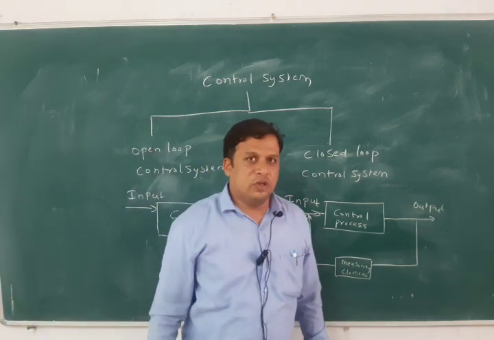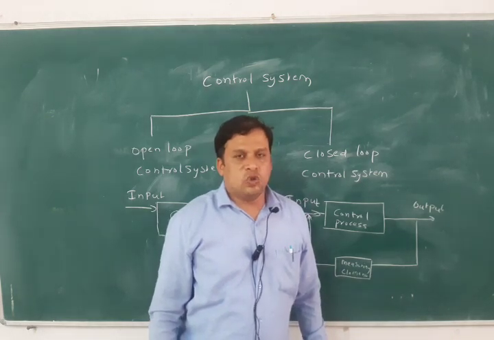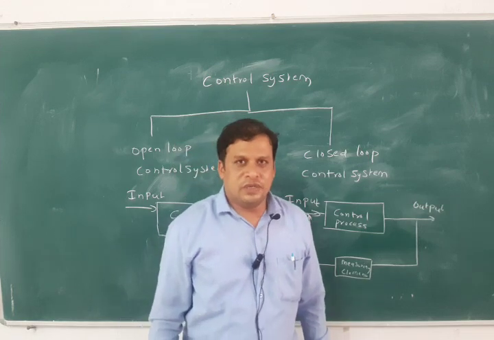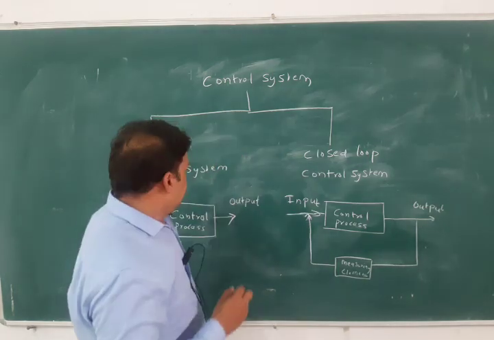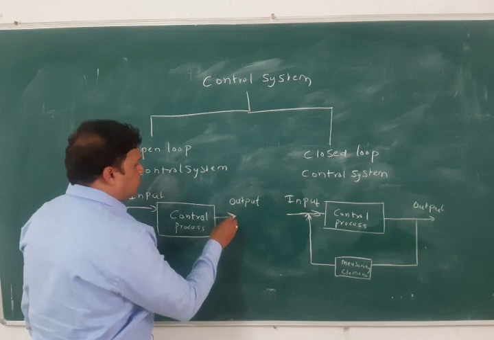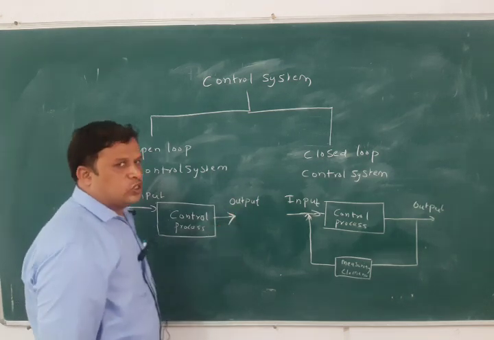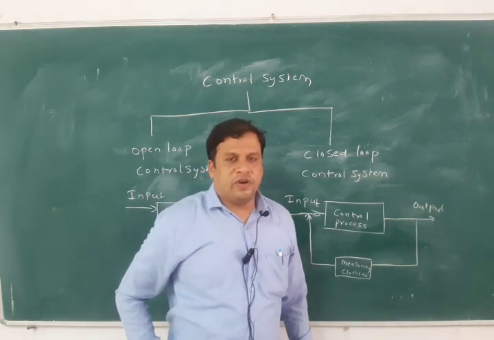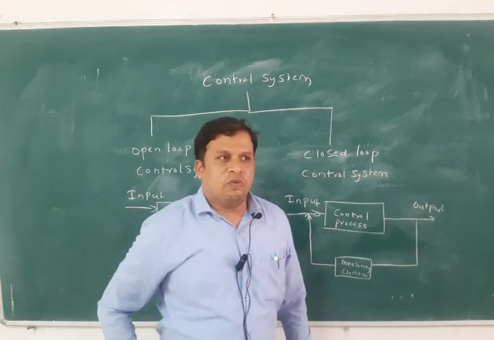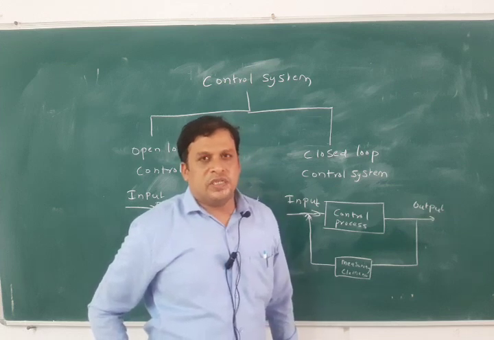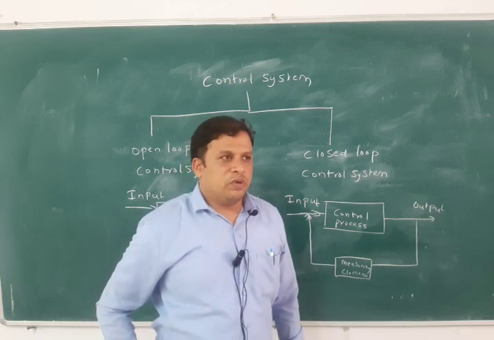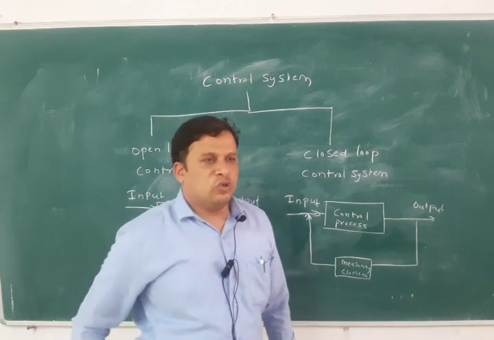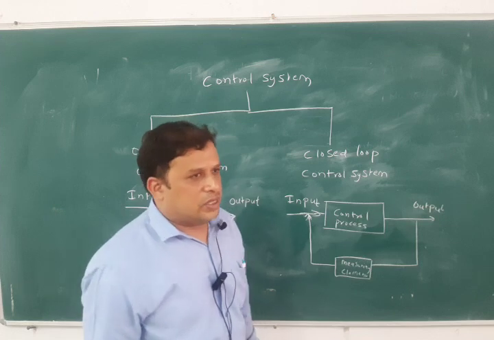We have a number of examples of open loop and closed loop control systems. A good example of an open loop control system is a bread toaster. You set a desired time for toasting the bread. A washing machine is also an open loop control system. Systems that don't have feedback or any sensor are called open loop control systems.